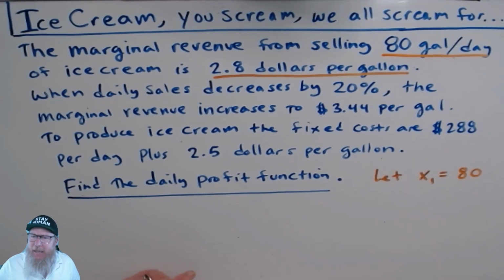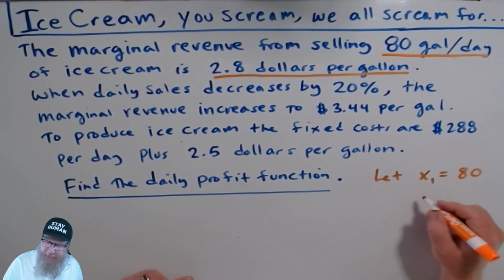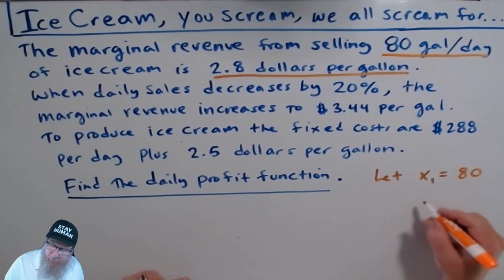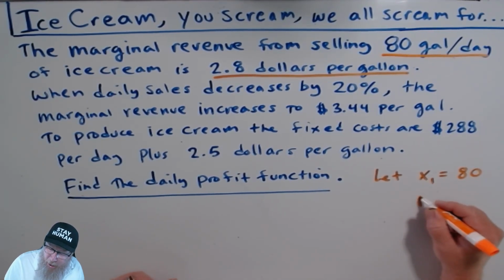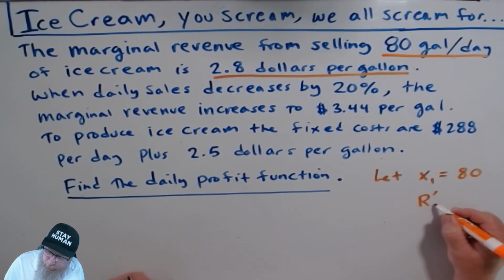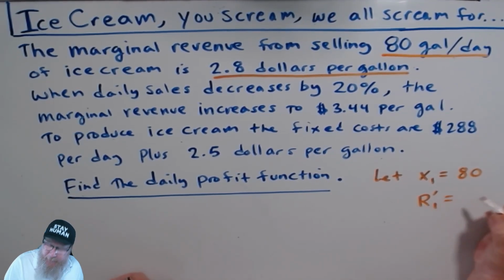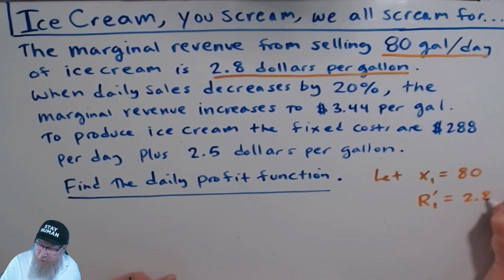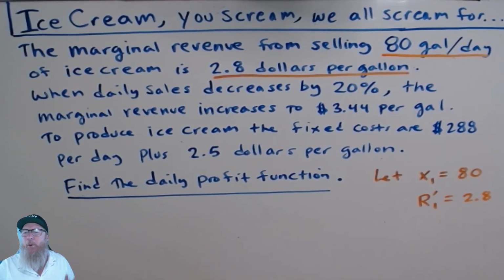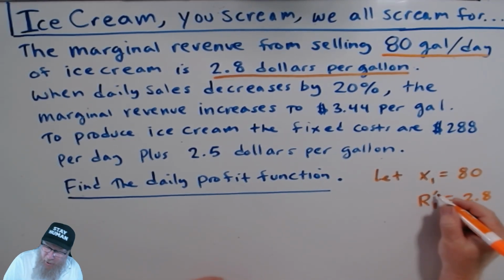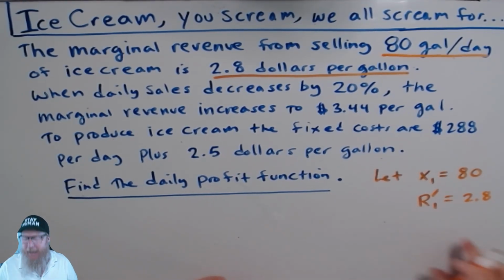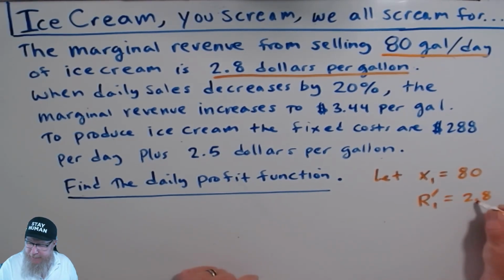And then our marginal revenue, now let's be careful. Marginal revenue is the derivative of the revenue function, so it's like the slope at that point. So I'm going to put R prime, and then a subscript of 1 to indicate it's our first marginal revenue: $2.80 per gallon, or 2.8.